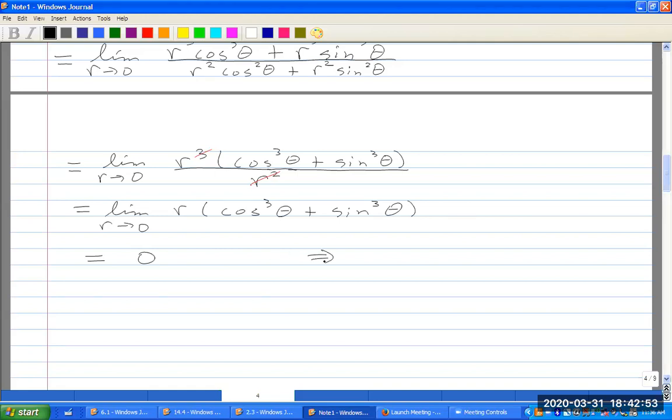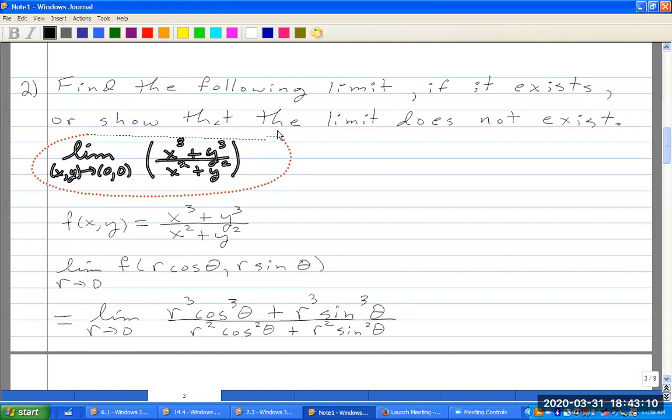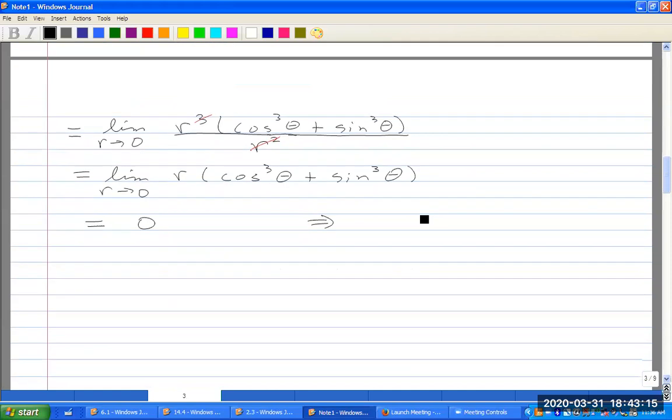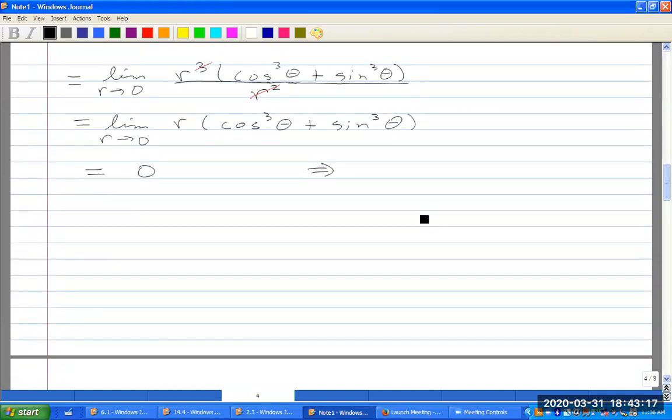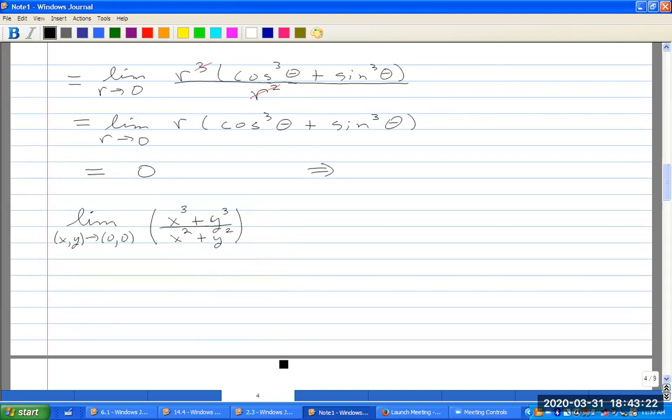And so we have that this limit is equal to 0. And that's your answer.